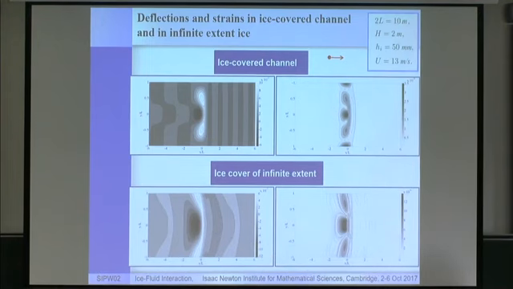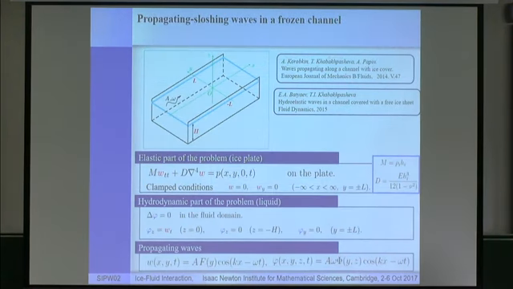You can see a very periodic wave before the loads, and I also wish to point your attention to these very high strains and stresses near the wall, which do not appear for the wave of infinite extent. And so now we come to the mathematical problem about the wave in the frozen channel.